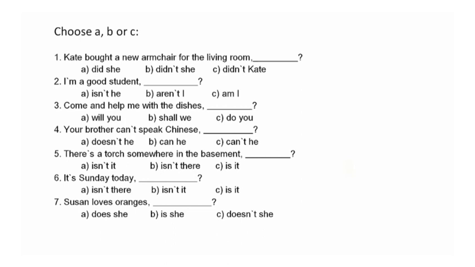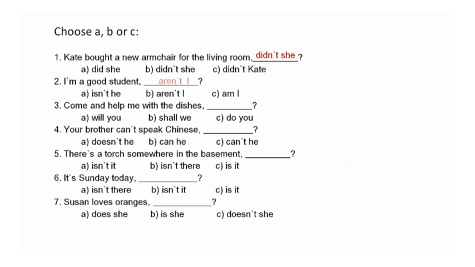Is it A, did she, B, didn't she, or C, didn't Kate? The correct question tag is didn't she. This sentence is in the past simple tense. We have the verb bought in the sentence and it's a positive statement. That's why we need to use didn't, and we use she because the subject of the sentence is Kate.